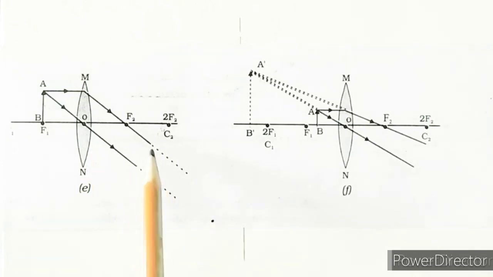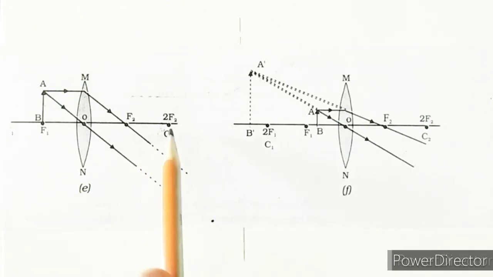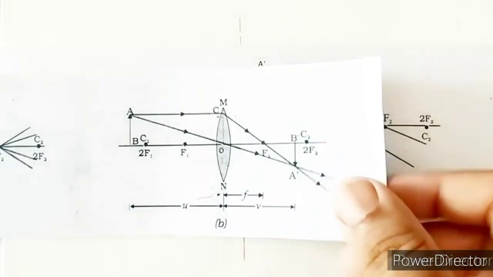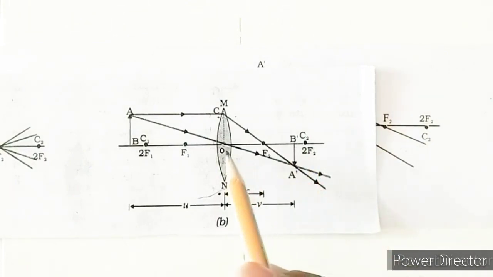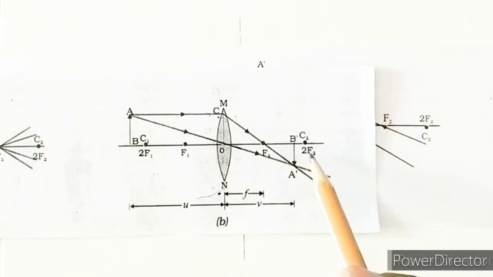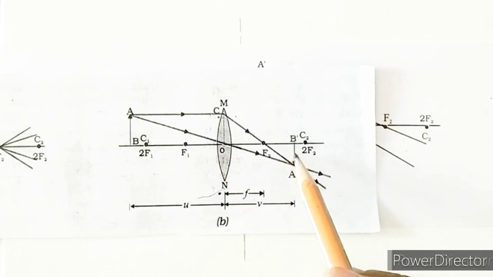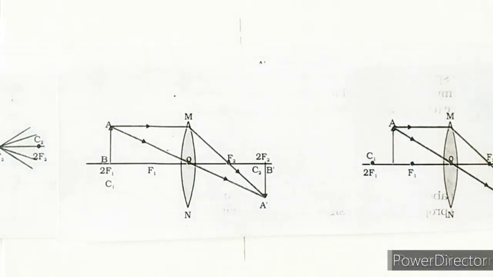So as you go away from this, the size of the image will keep on increasing. If you look at this figure, see the size. It was here between F2 and 2F2, so the size is small. Now when the image is at F2, it is a little bigger, almost the same size.